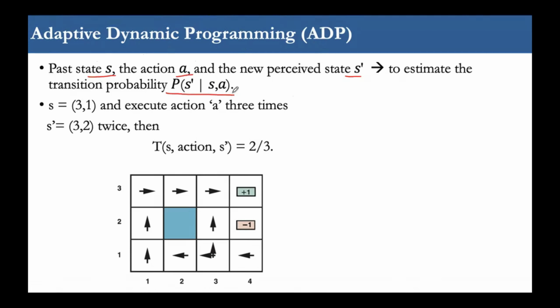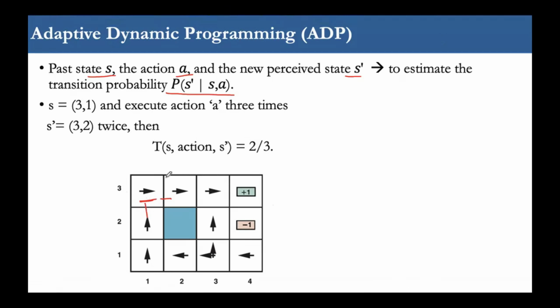Now consider an example. We are in the state 3, 1. From 3, 1, we can execute certain actions. One action is right as well as another action is down. From 3, 1, you can move to 3, 2. So for example, while doing this, twice you are moving to 3, 2 and one time you are moving to 2, 1.